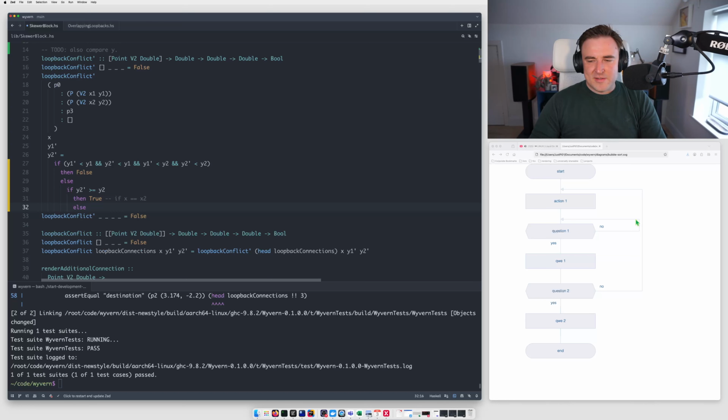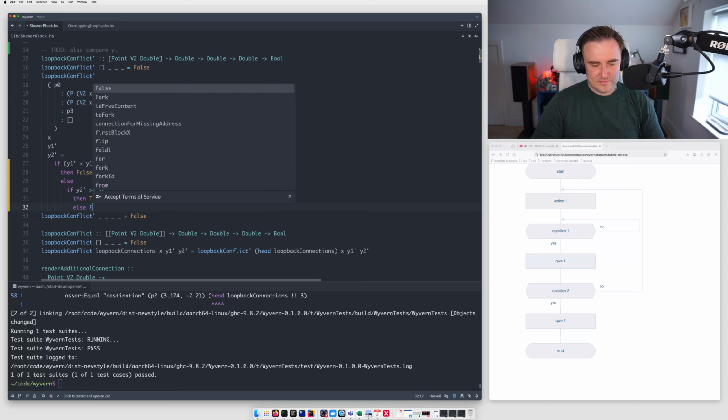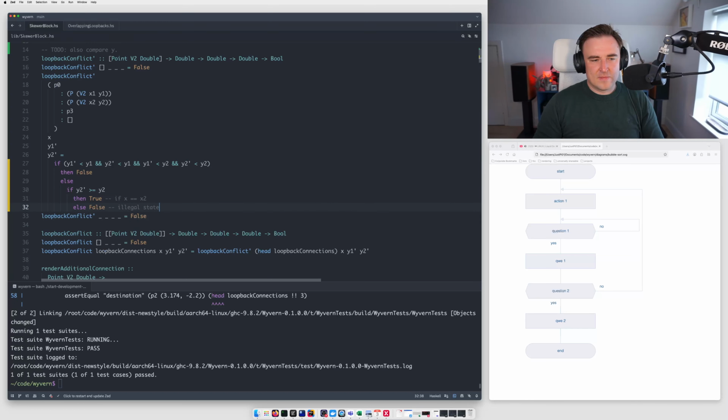Everything else is an illegal state. I have my ideas for representing illegal state, but for now let's just leave it to do here.